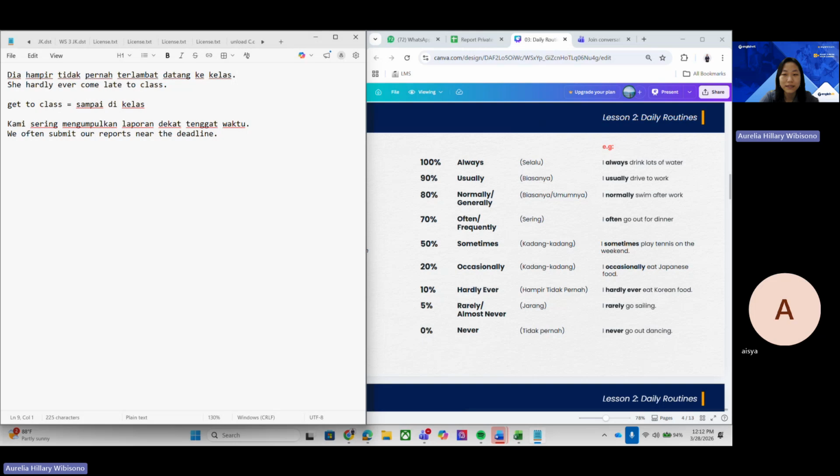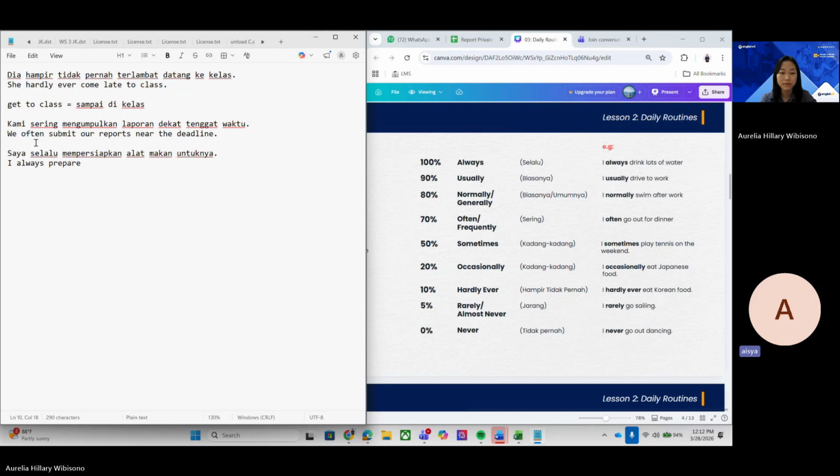And what about this? How to say it? I always prepare saat makan, berarti utensils. Apa ya bahasanya saat makan itu? Mempersiapkan, prepare, okay.